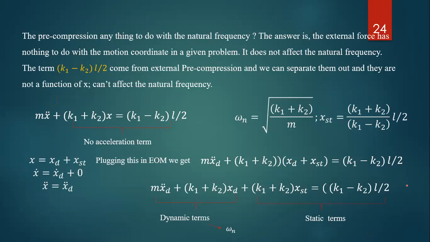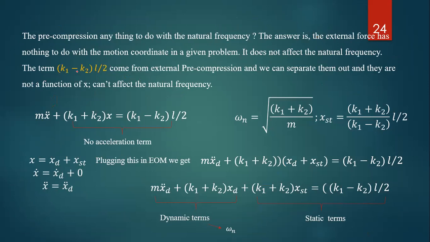So the question: can this have anything to do with the natural frequency? The answer is that the external force has nothing to do with the motion coordinate in the given problem. It does not affect the natural frequency.